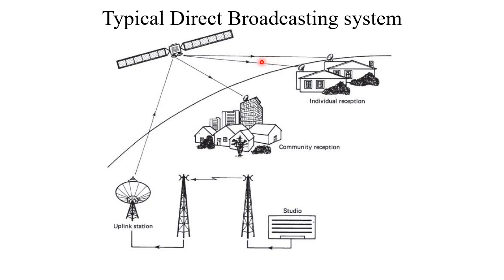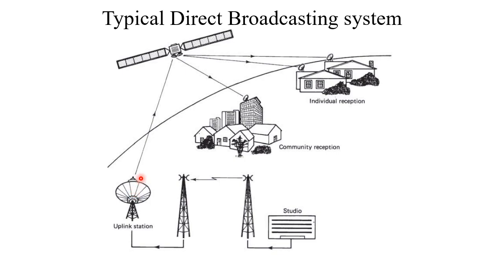This is actually showing a typical direct broadcasting system. Suppose this is the studio where the signal is generated, video signal or voice signal, whatever may be. Then this signal is transmitted via this relay station, and it is relayed to the actual broadcasting station, where the signal is transmitted via this uplink antenna towards the satellite.